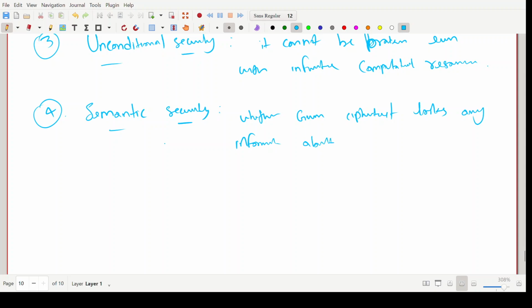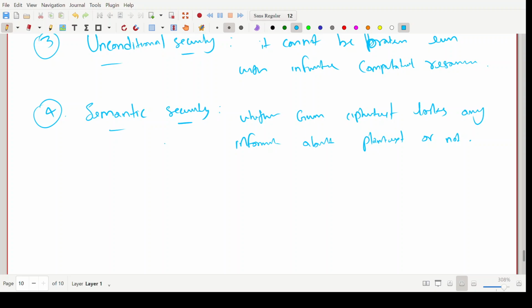If the attacker cannot get any information about the plain text from the target ciphertext, then such a system is called a semantically secure crypto system. All deterministic crypto systems are not semantically secure systems.